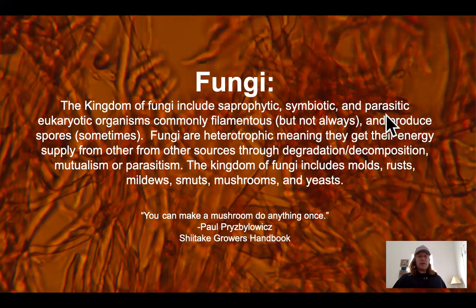Parasitic fungi are fungi that attack living organisms. You probably have some of these living in your body right now. They attack your plants in your garden in the forms of different diseases and pests, basically. All this is just a roundabout way of saying that there are many different types of fungi that get their energy in very different ways.